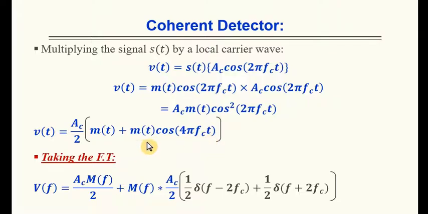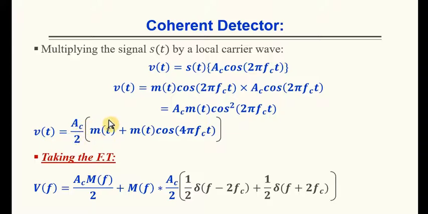So taking the Fourier transform, as we said, it is very easy to analyze the signal in frequency domain rather than in the time domain. So if we take the Fourier transform of this v of t, then we will have v of f is equal to, so if we multiply this will be AC over 2 m of t.